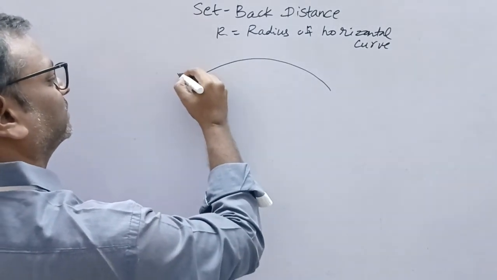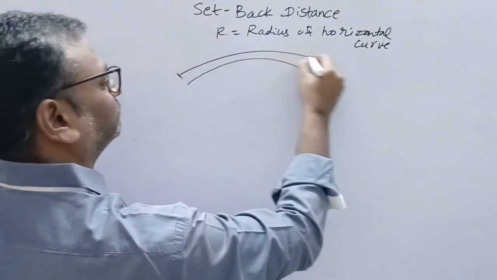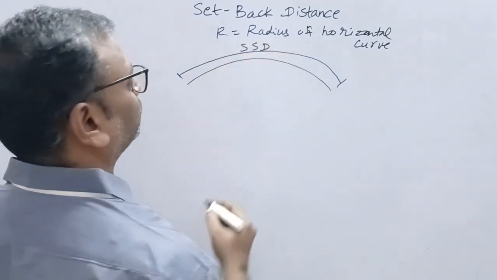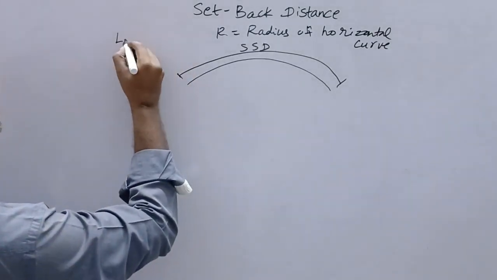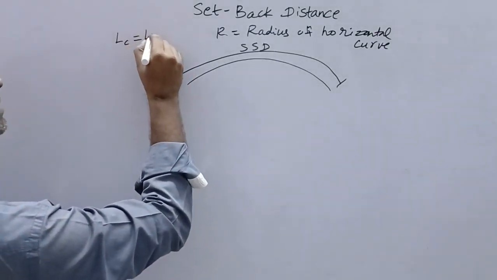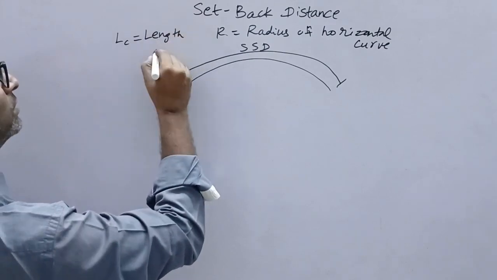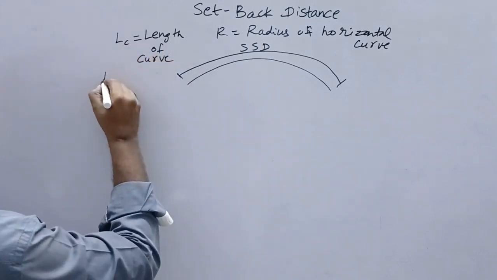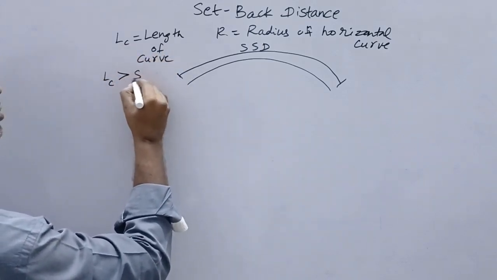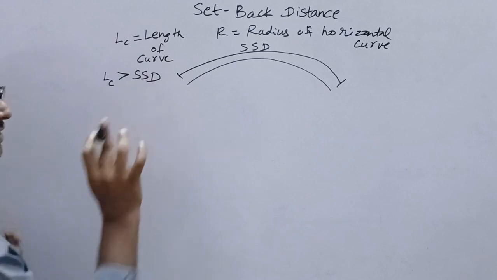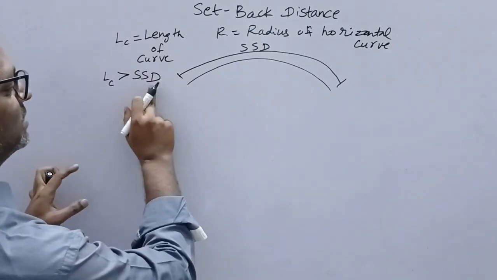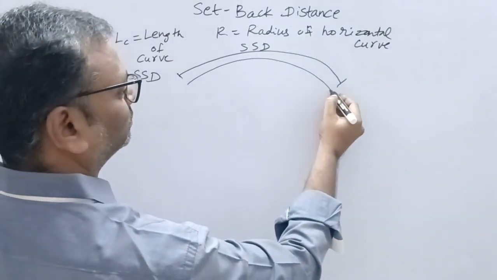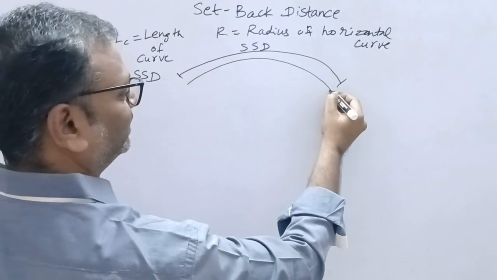Suppose this is the stopping sight distance, and L is the length of curve. Suppose this length is more than the stopping sight distance. For instance, suppose Lc is greater than the stopping sight distance, and now we need this radius R.